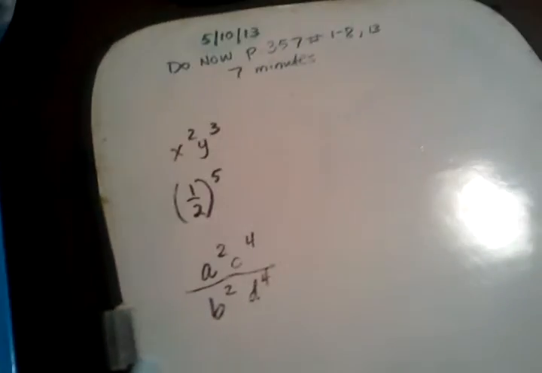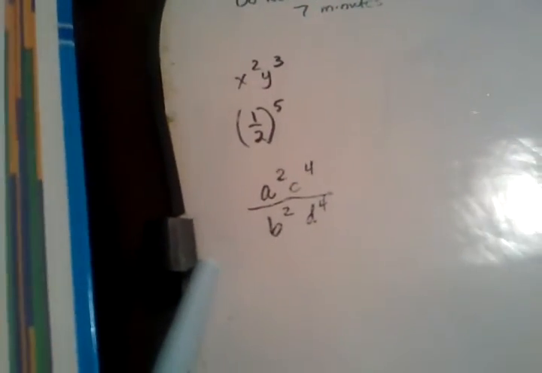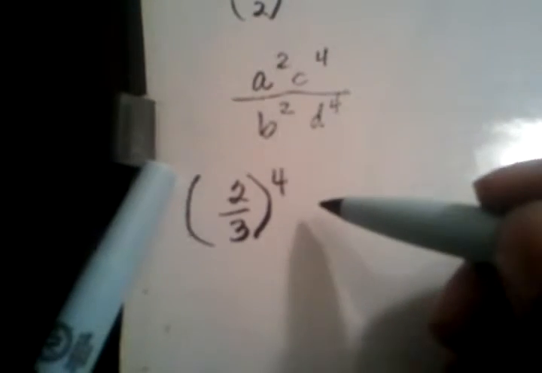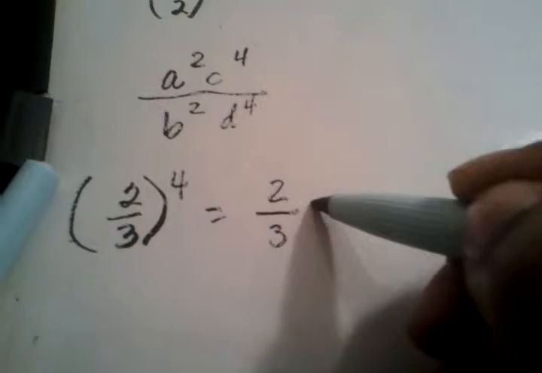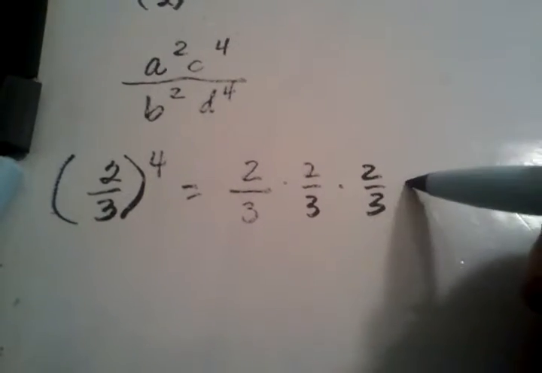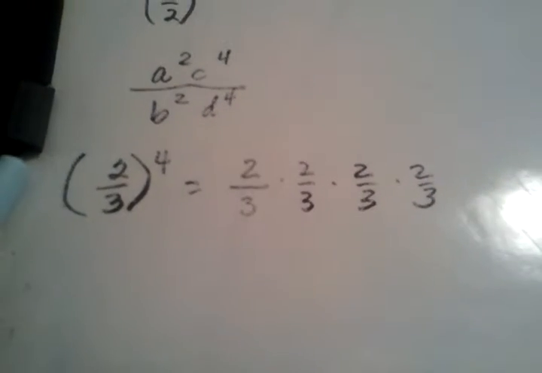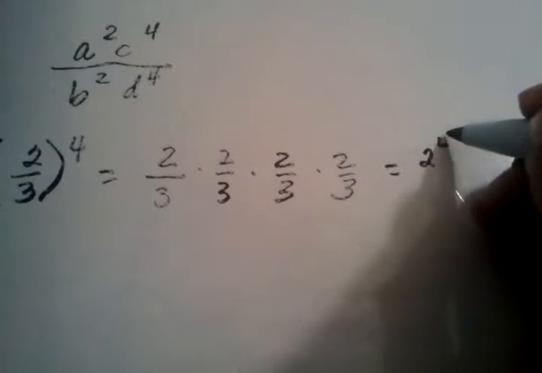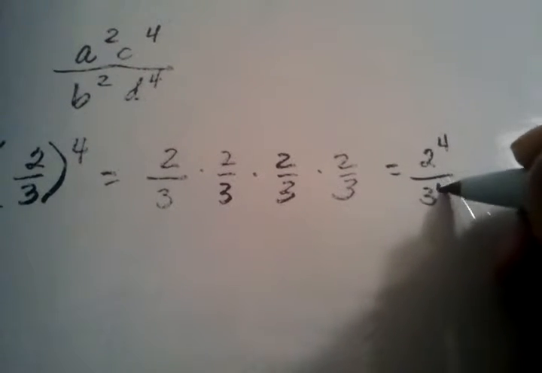All right, and last but not least, I told you to do number 13, which was 2 thirds to the 3rd power, all of it raised to the 4th. So this would technically be 2 thirds times 2 thirds times 2 thirds times 2 thirds. You could look at it that way, or as 2 to the 4th over 3 to the 4th.